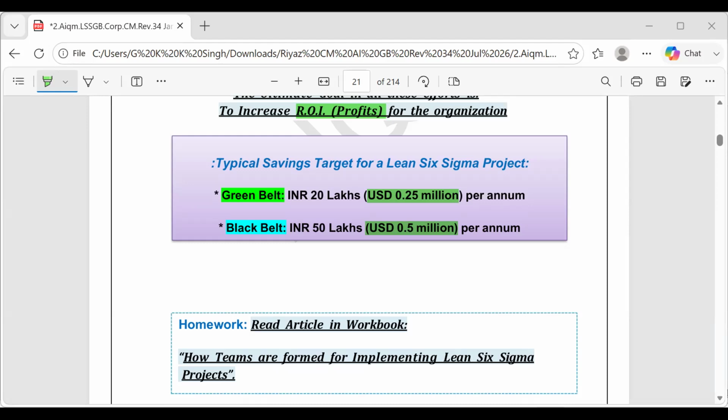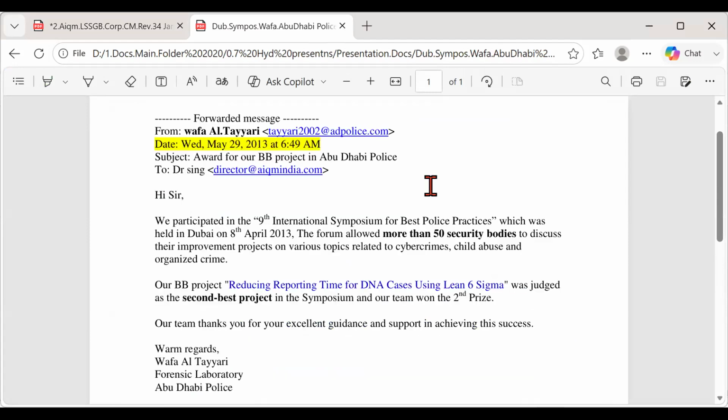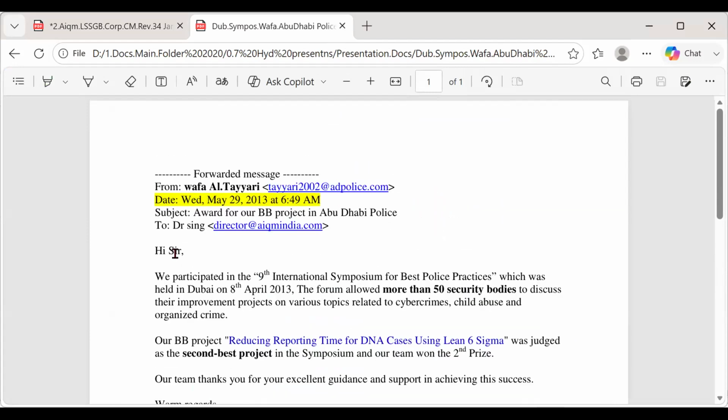We have other examples. I will share one more example with you. This was our black belt. This lady had done the project in UAE. She was working with the Abu Dhabi police.